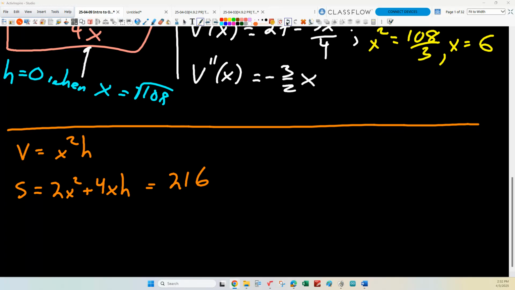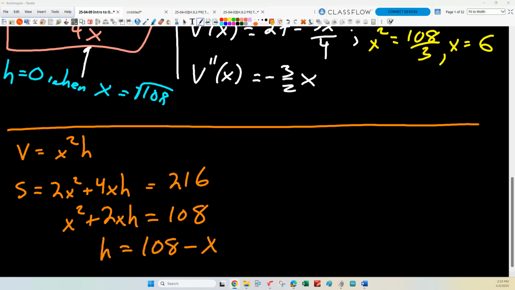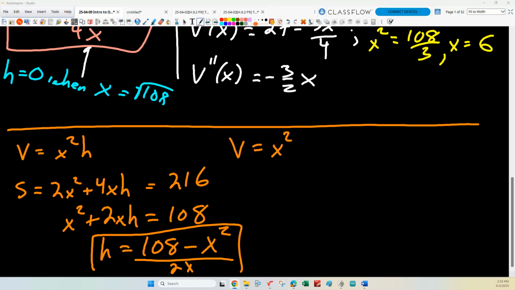So if we solved this, now we could divide this by 2, right? And we get x squared plus 2xh equals 108. And so if we solve for h, h equals 108 minus x squared over 2x. That would be our new substitution equation. If we plug that in, v would equal x squared times that.